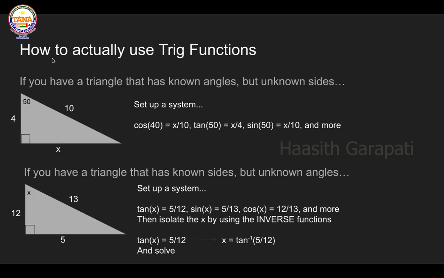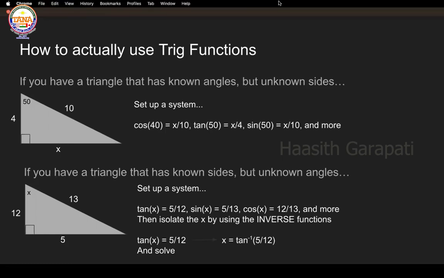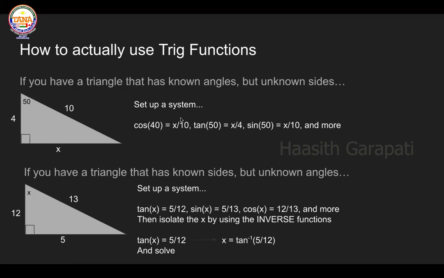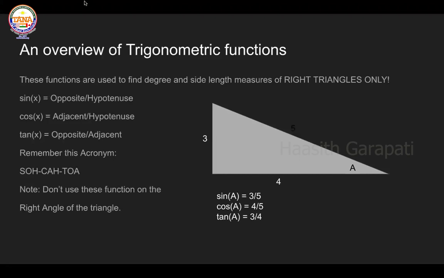So trigonometric functions are used for right triangles, and primarily they are used to find the side lengths or angles of a triangle. So actually, you know what? Since we do have time, I might as well just explain them anyways. With trigonometric functions, there are three types of functions.